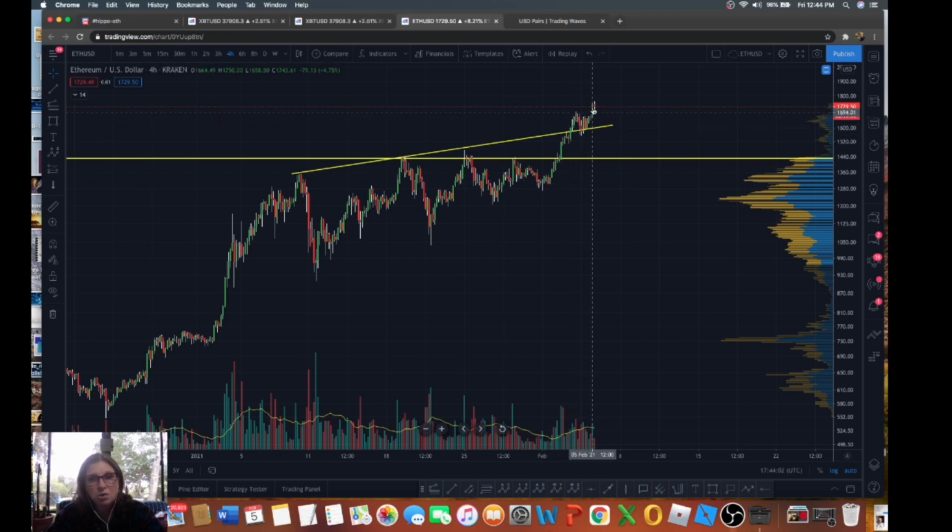The best scenario would be for ETH to hold this trend line that we broke. So basically, make a flat here of some sort and continue on up for another wave. Then we get a correction and it continues on.